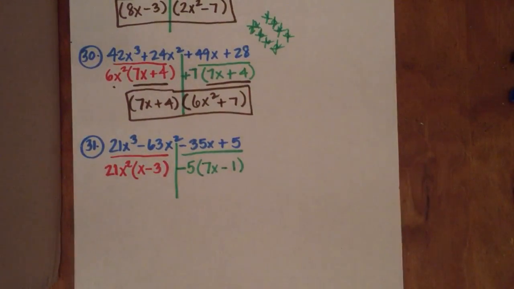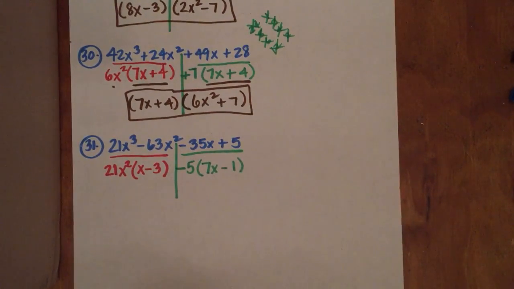Now if you look at these, there is no greatest common factor between the three of these. So the question is, is there anything I can do to get a greatest common factor? And when you look at it, there's really nothing that we can do. The other option is you can actually try rearranging and regrouping.